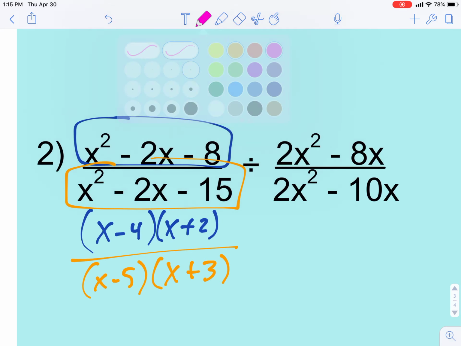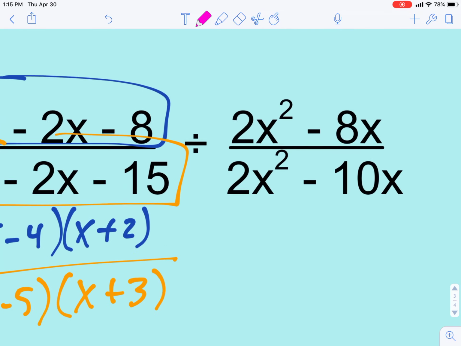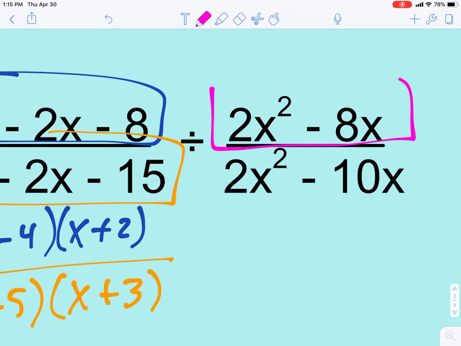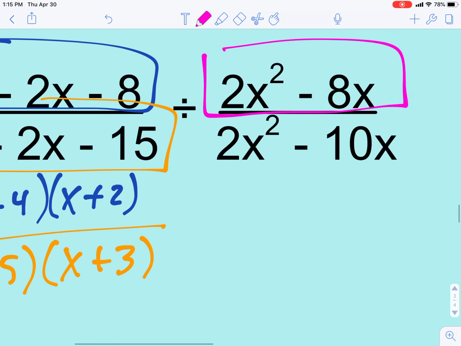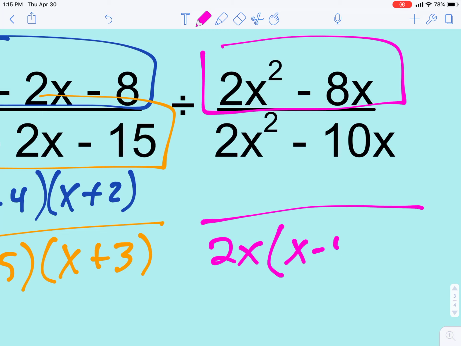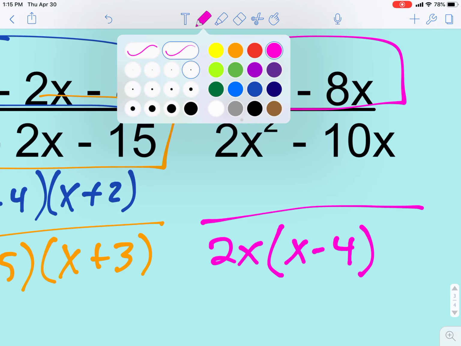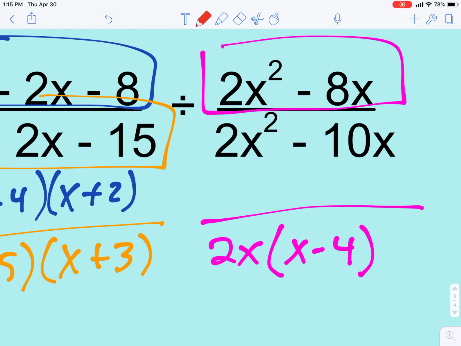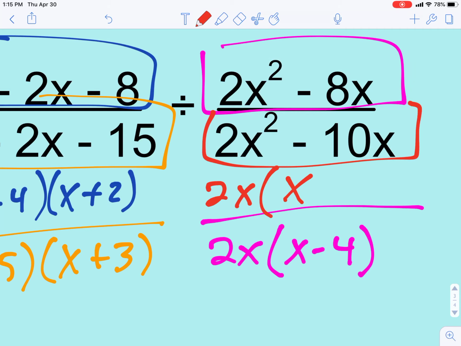Then we're going to factor out the GCF of a 2x on the top and bottom. And again, I'm going to reciprocate at the same time. So 2x, and then we get x minus the 4. And then same thing on the top. We'll go red. Factor out the 2x, and you're left with x minus the 5.